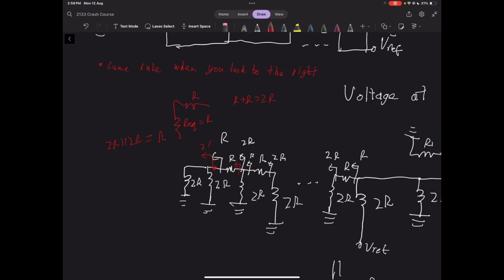So here it was R, then here it was R, and then if we wanted to look here, we said that the equivalent resistance was R. So over here, this is R.